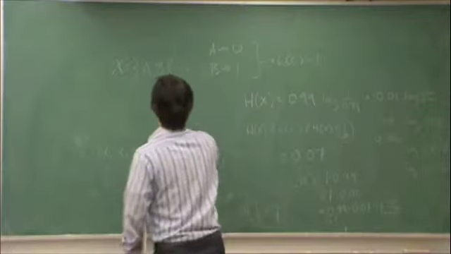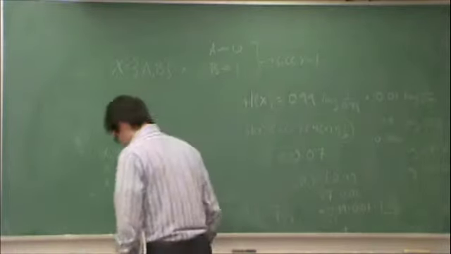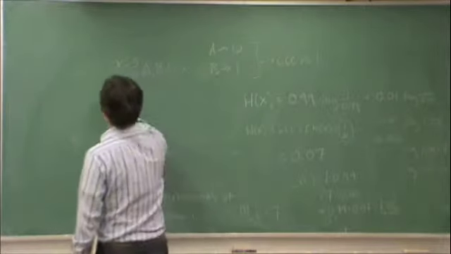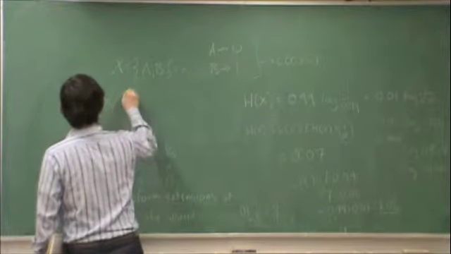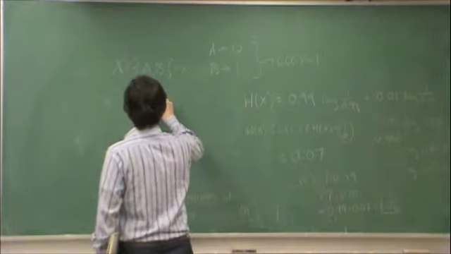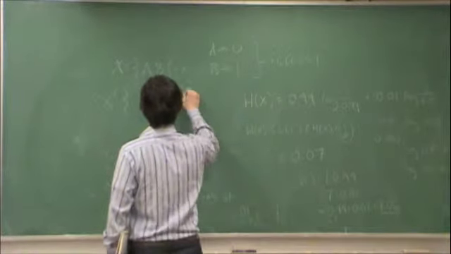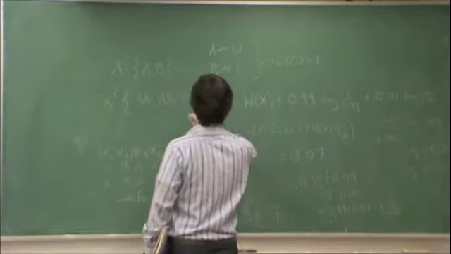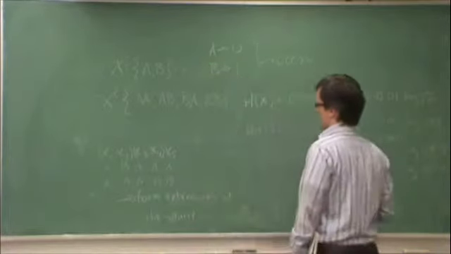For instance, the first extension of this source is over x squared, and the possible letters are AA, AB, BA, and BB. We still won't get a very good result there.